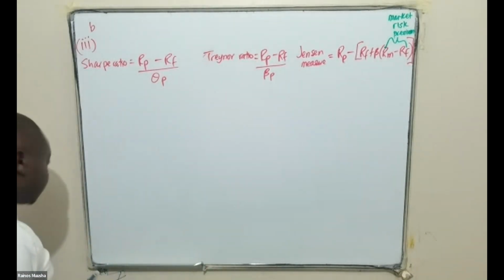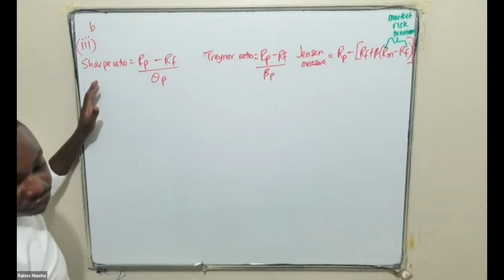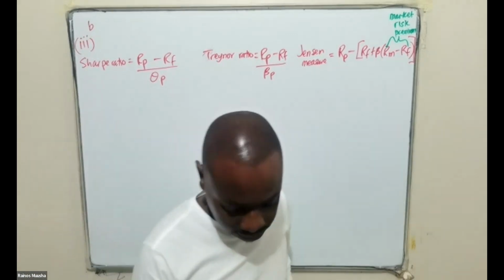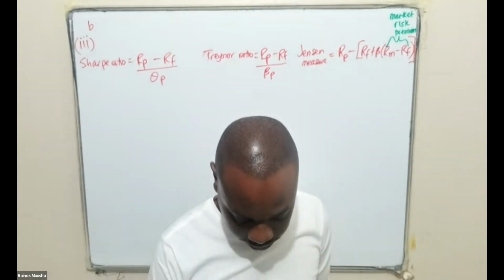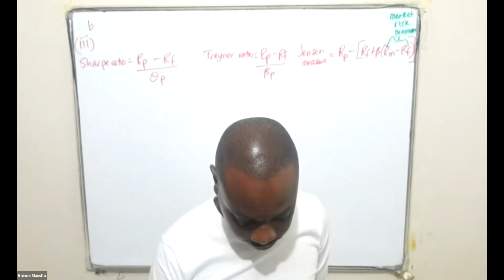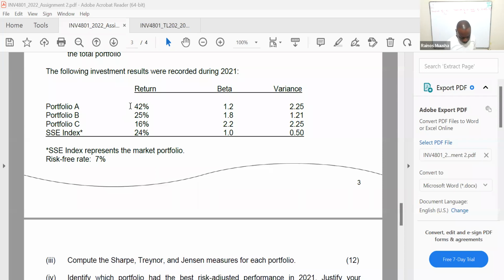So from the given information, if you check on the different portfolios that are invested in, they give us portfolios A, B, and C. And on these portfolios, they give us the returns, the beta, and the variance.